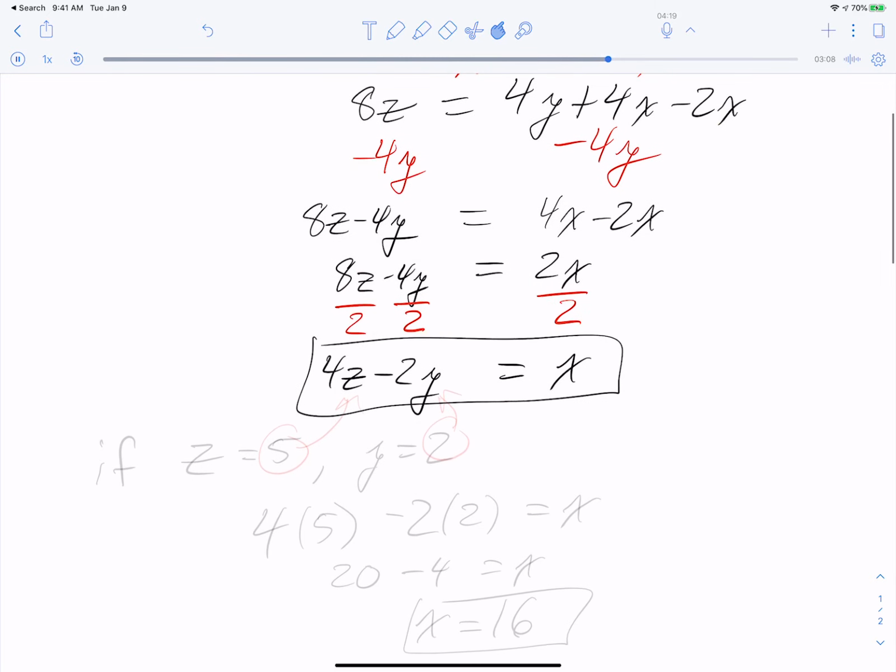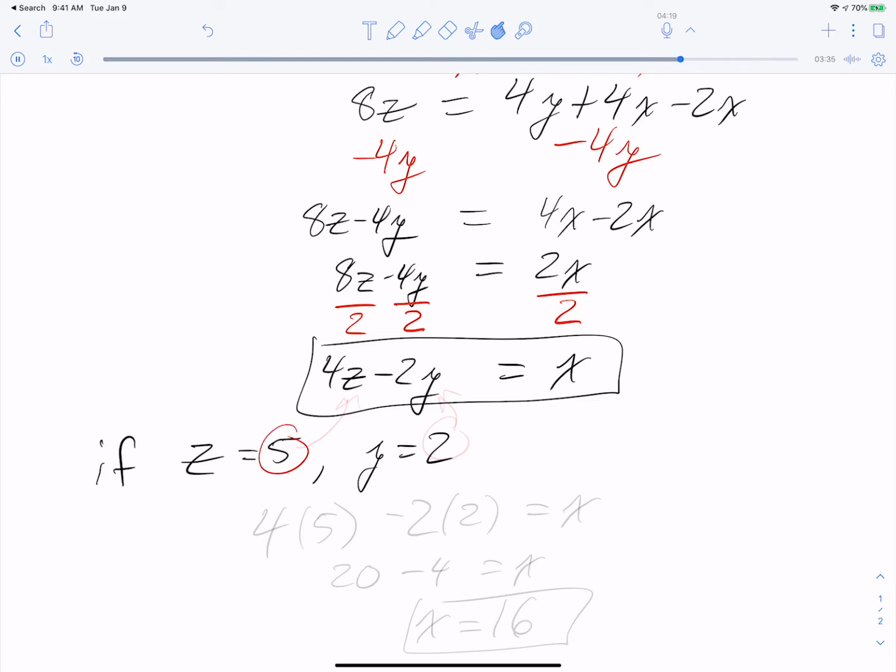Now I would be doing this because, say, I've been given in the problem, let's say z equals 5 and y is equal to 2, which I think is different from the quiz question that I'm asking you to complete. So I can plug those in.